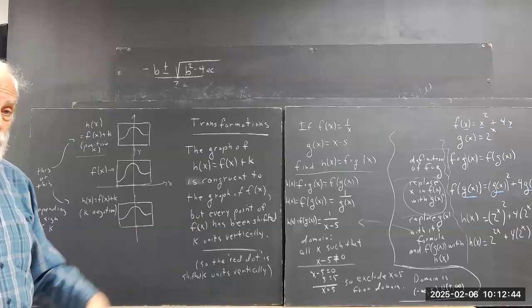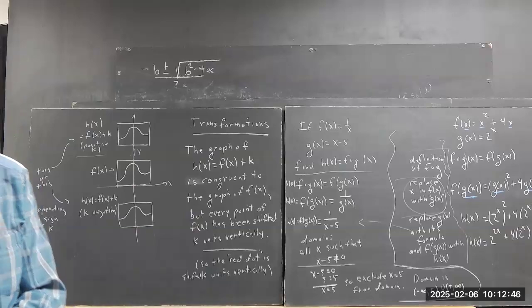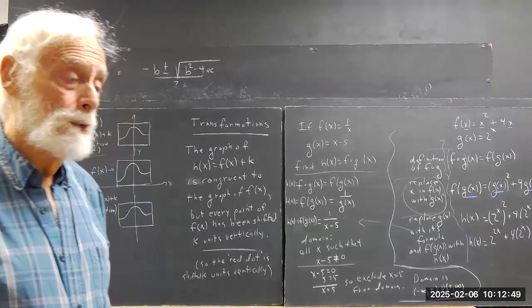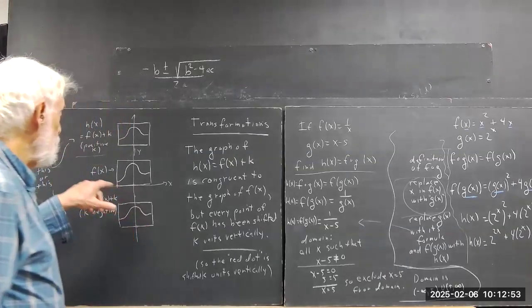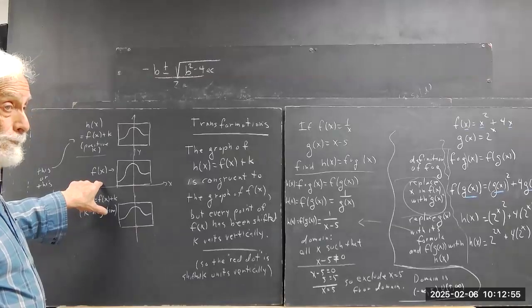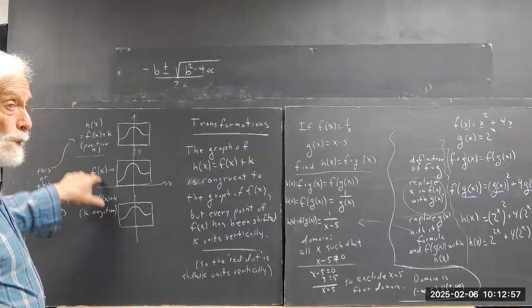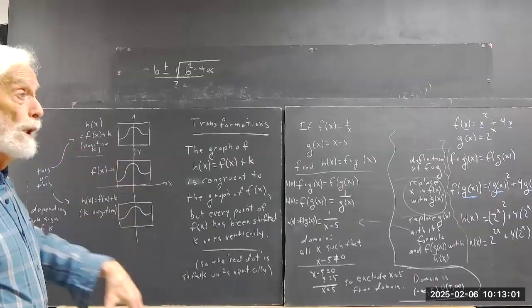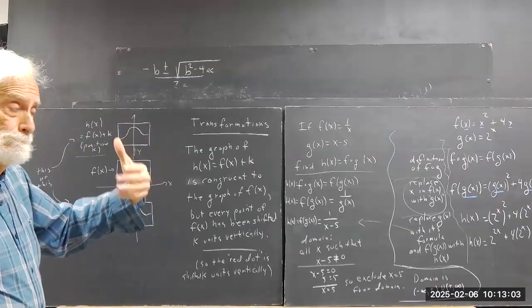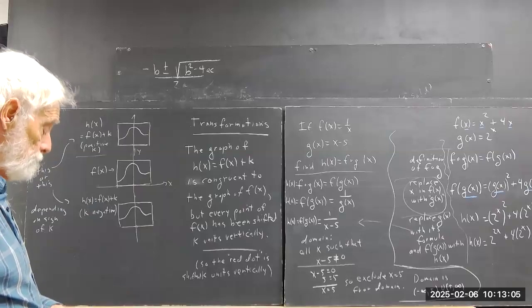Well, that's not a particularly difficult rule to follow. And there's a good reason for it. If you've got y equals f of x, then you change that to y equals f of x plus k. That means you've added k to every y value. So it's worth thinking about.